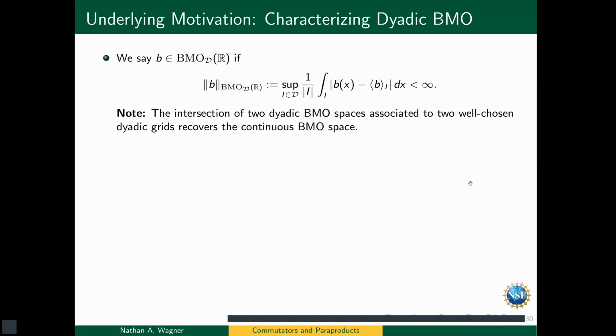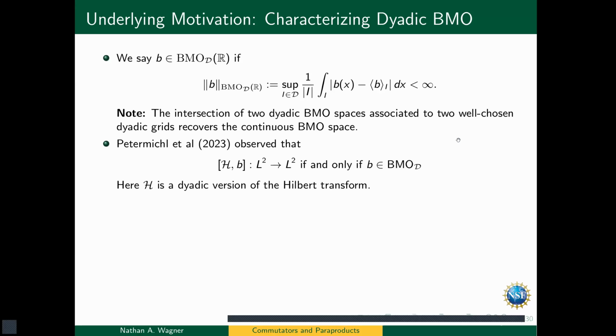Some motivation for doing this is a well-known trick called the 1/3 trick that allows you to take a dyadic grid and shift it by an amount that's badly approximable by dyadic numbers. Then you have two dyadic grids, and you can take the intersection of those two dyadic BMO spaces to recover the continuous BMO space. There's a paper, for example, of Tao Mei that does this.